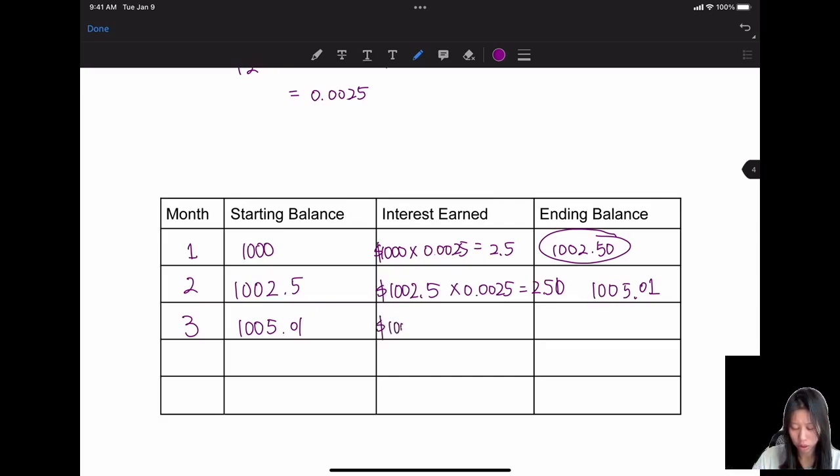So we use $1,005.01 times the monthly interest. So you will get $2.51. And then the ending balance should be what? You use $1,005.01 plus $2.51.